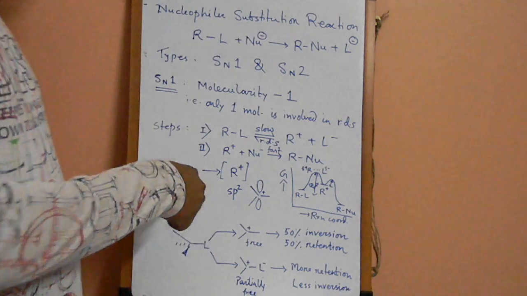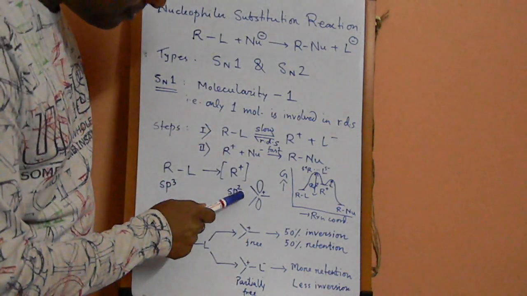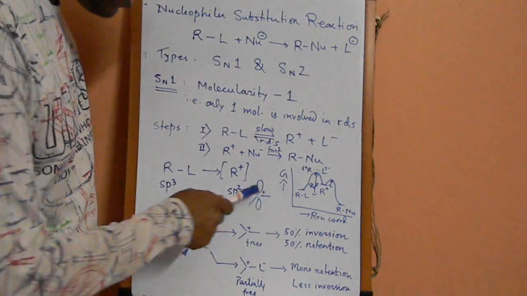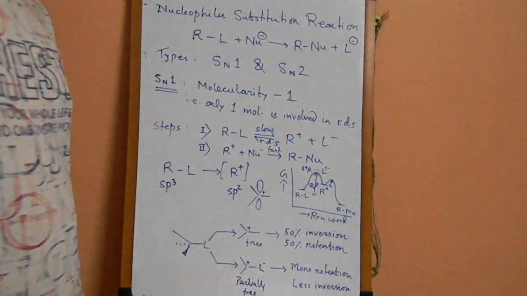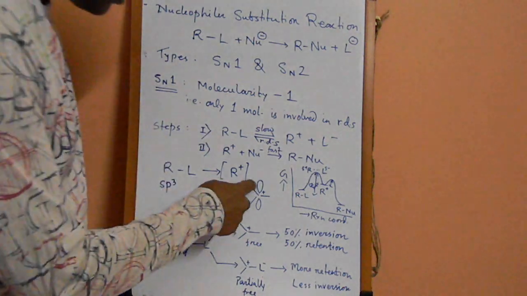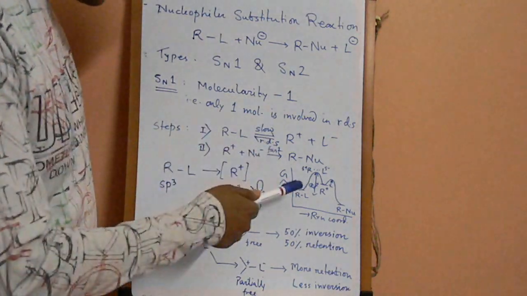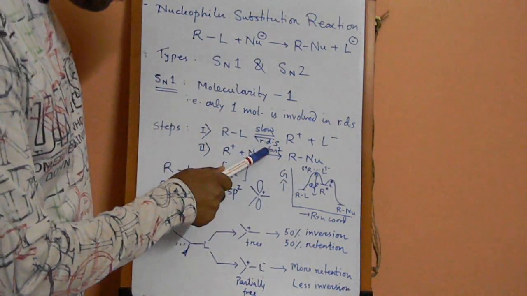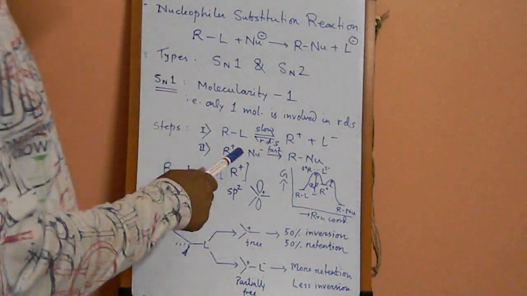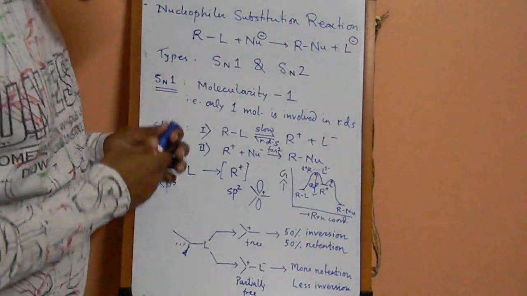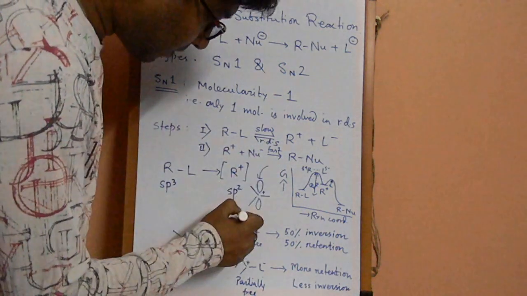So what is the consequence of that? The consequence is that an sp2 carbon is trivalent planar and it has an unhybridized p orbital. This p orbital has two lobes. So in the next step, step 2, when the nucleophile attacks R plus, it can attack from both ends of the p orbital, from here or from here.